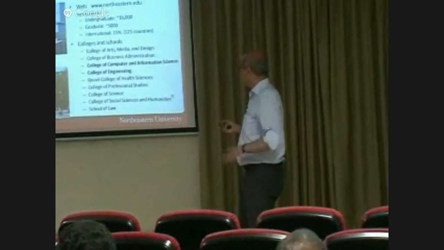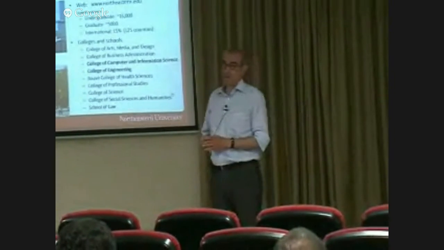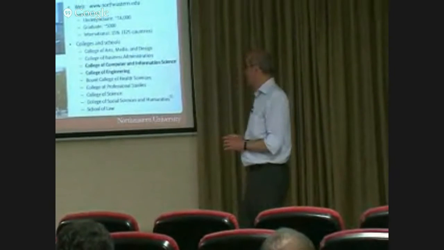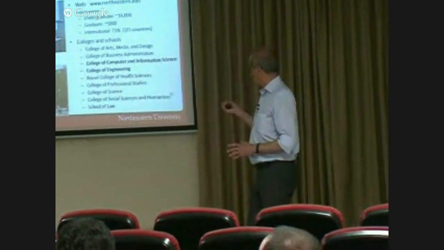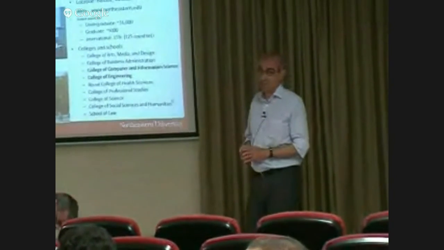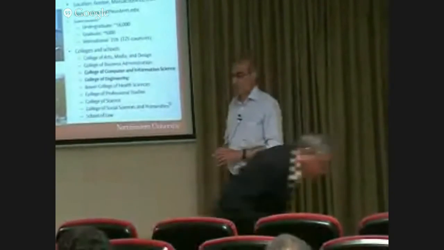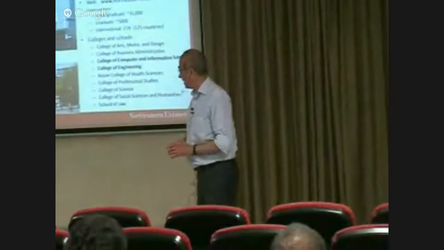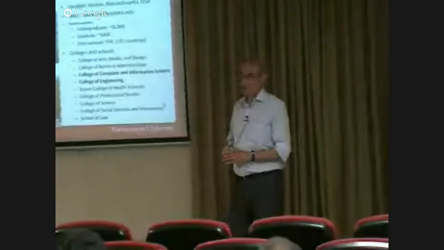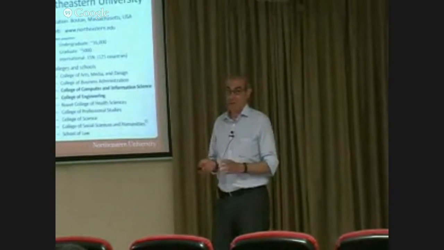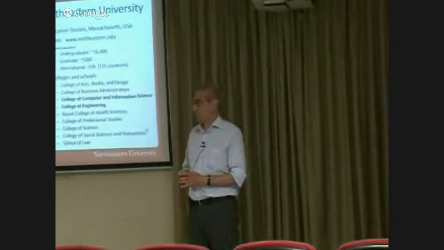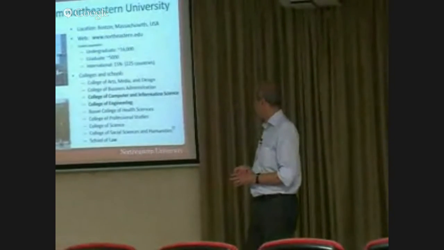It has roughly 16,000 undergrads and 5,000 graduate students, that's the size of the school. We have a College of Computer Sciences and a College of Engineering, and our department is under the College of Engineering. We have a bunch of faculty working in different areas of ECE, and of course, I'm with the power group.